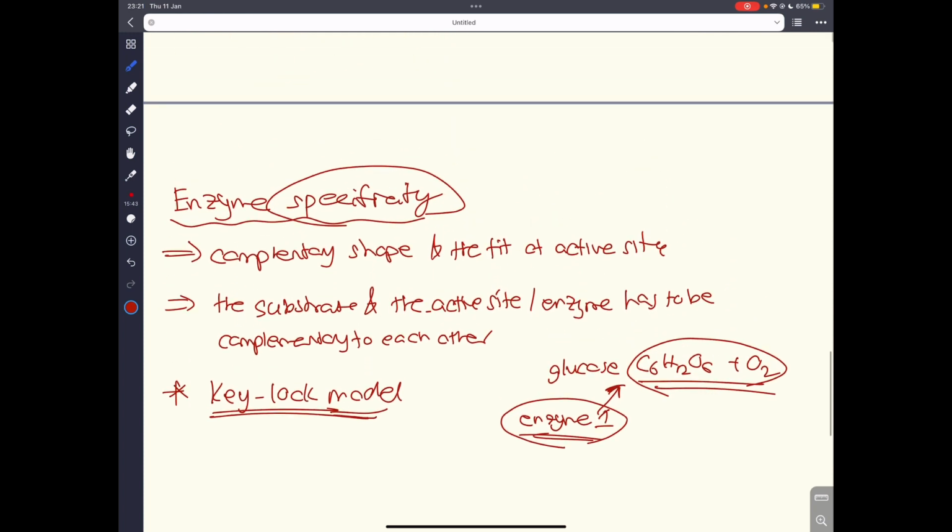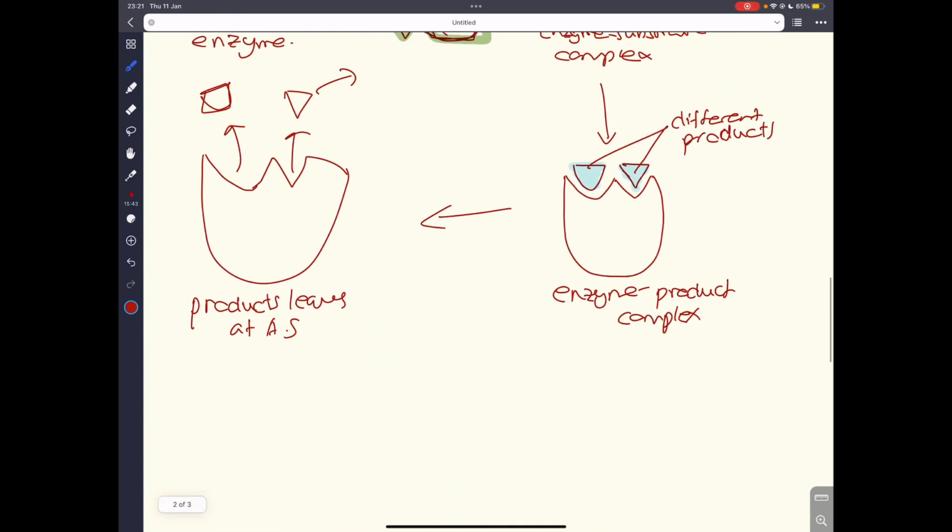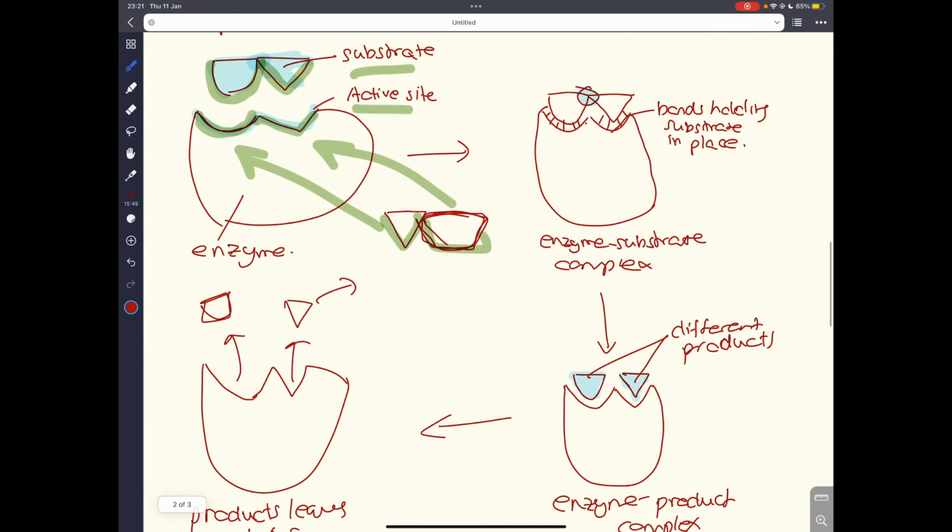At your level, you don't have to know this, but I'm going to add a little bit extra: when the substrate binds to the active site, the enzyme slightly changes shape as the substrate binds.